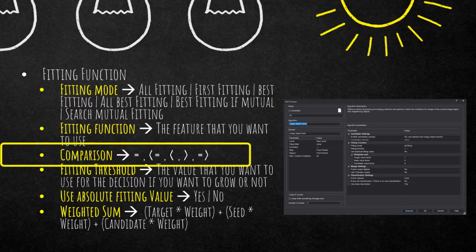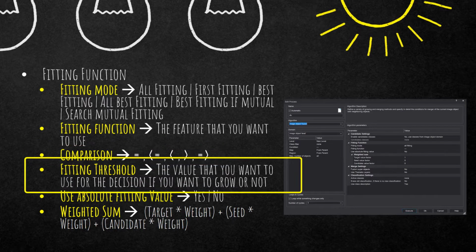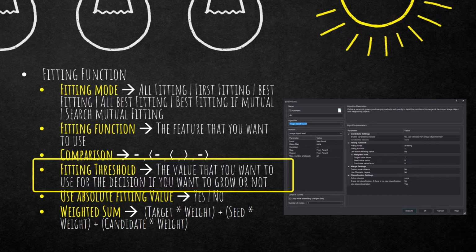Then the comparison, greater, less, equal to, whatever. Fitting threshold, that's the value that you want to use for the decision if you want to grow or not. And this fitting threshold is compared against the result of the weighted sum settings that you see below. And we're gonna have a look at this in a second.